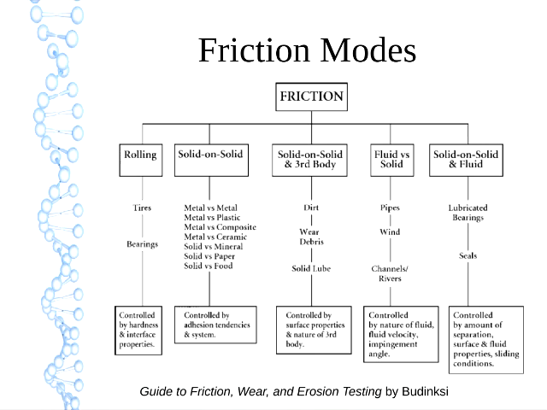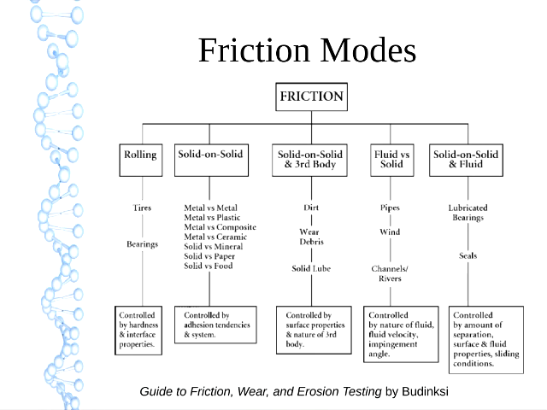We've got solid on solid friction with the third body. The third body is particles, or it could be a lubricant of some sort, that's in between the two sliding surfaces. So examples of the third body include dirt, wear debris, and solid lubricant. In this case, friction is controlled by surface properties and the nature of the third body.